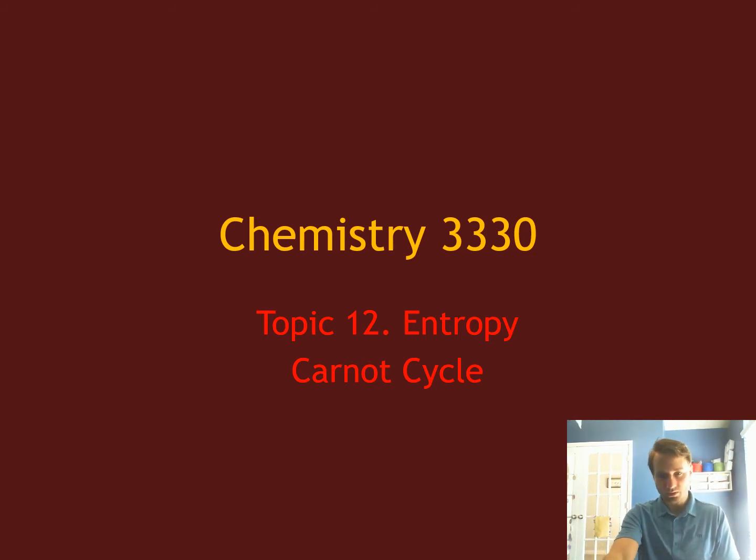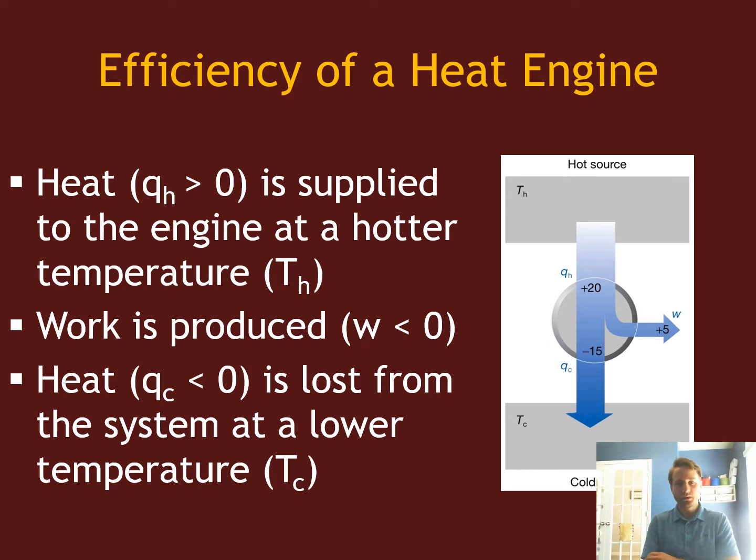Okay, so a heat engine often can be approximated as this type of a Carnot cycle, right? For a heat engine, how it works is you have some hot object that potentially gives energy to your system.